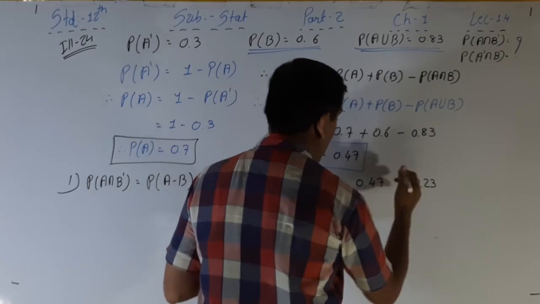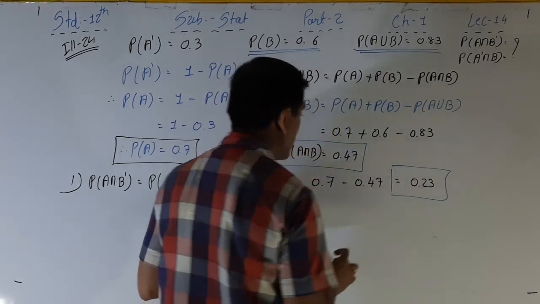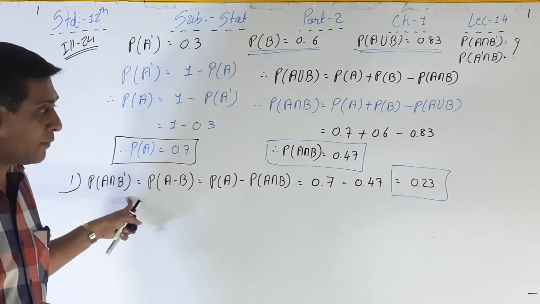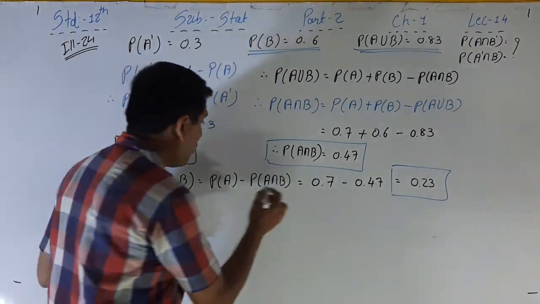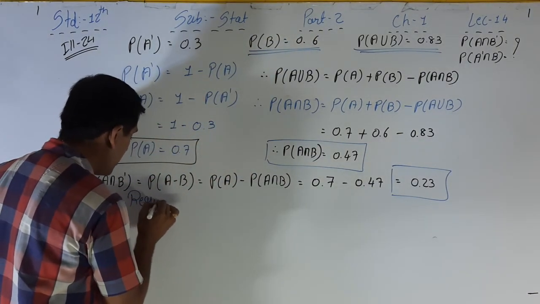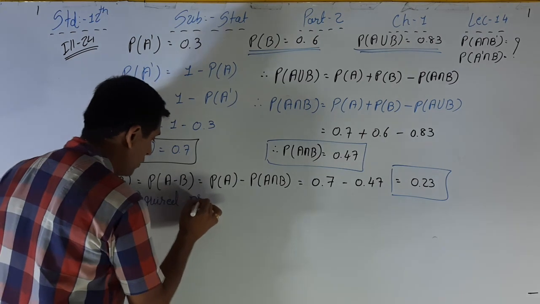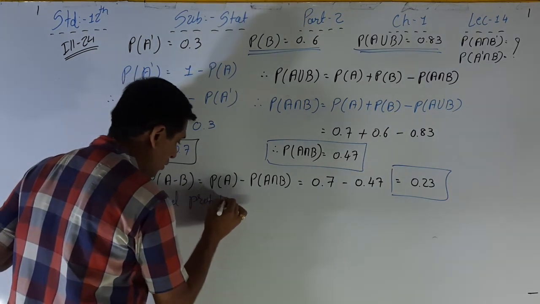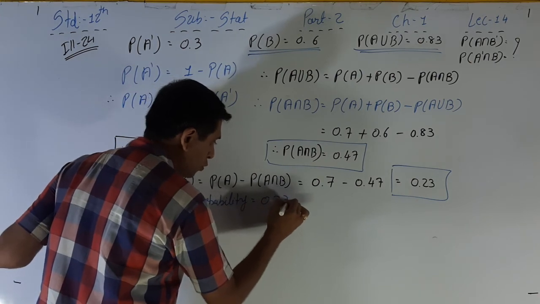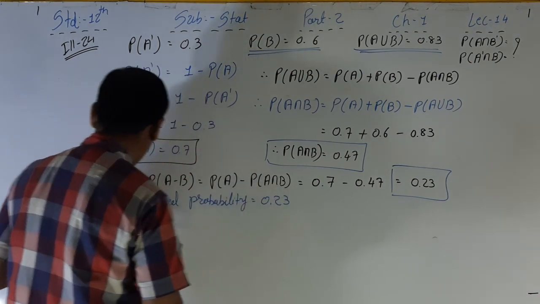P of A intersection B dash is equal to 0.23, the final answer, right? Therefore we can say the required probability is equal to 0.23, right?